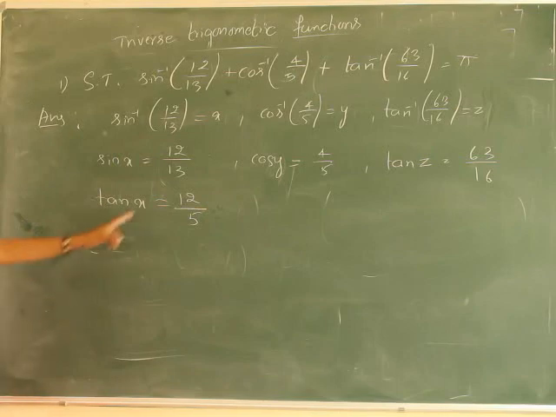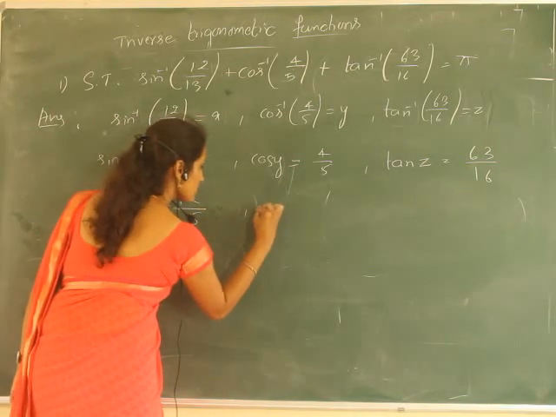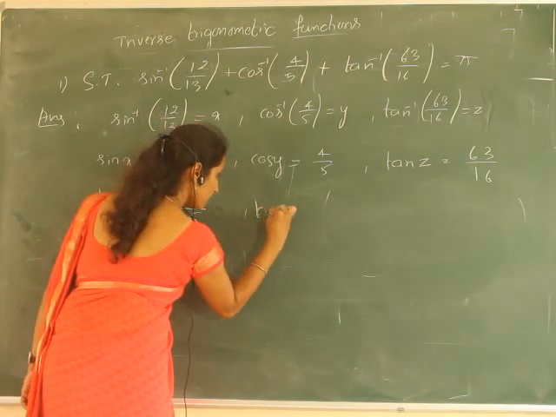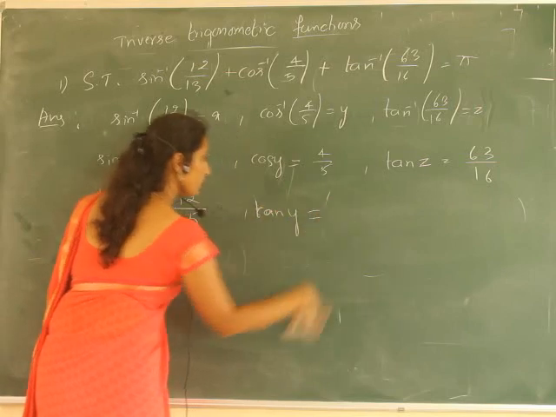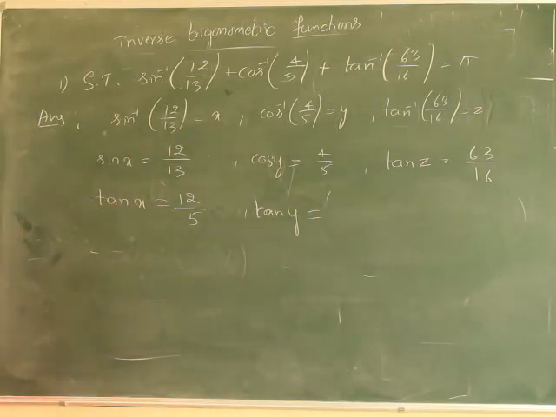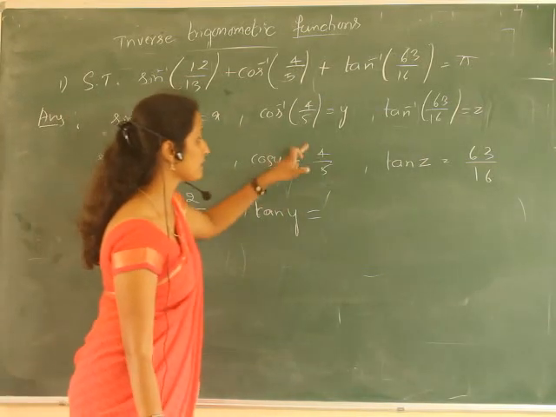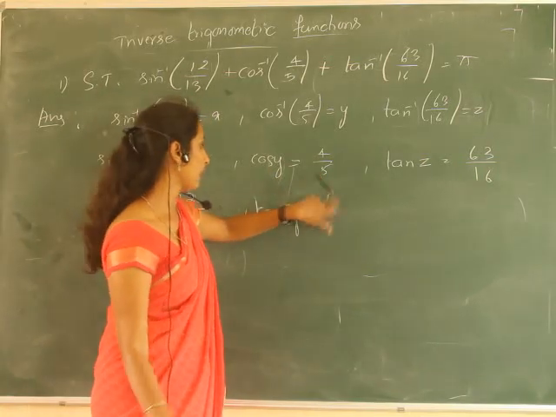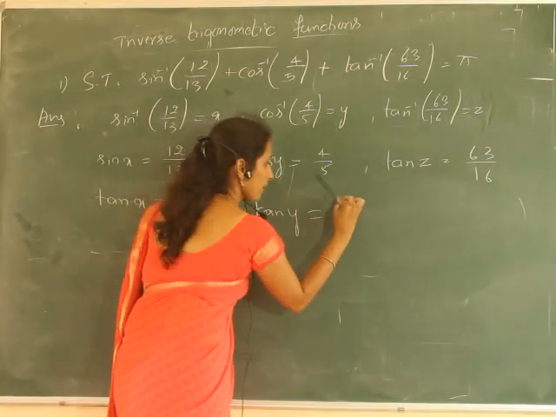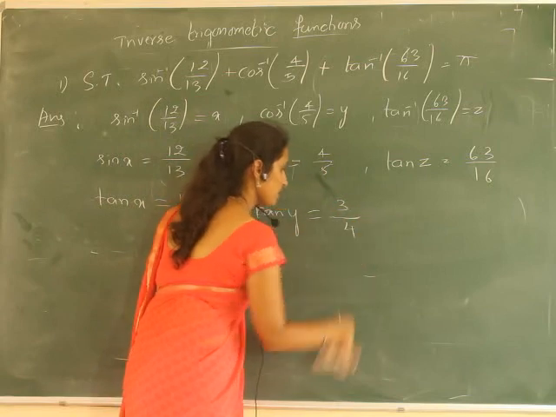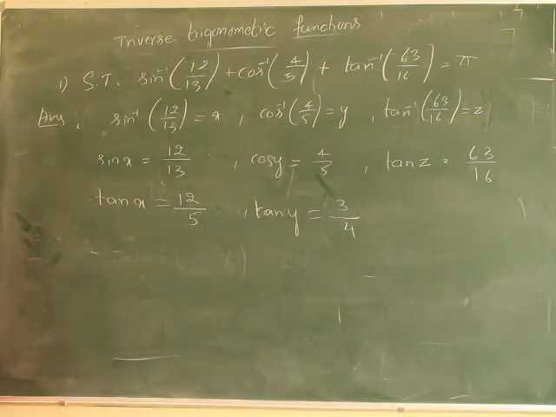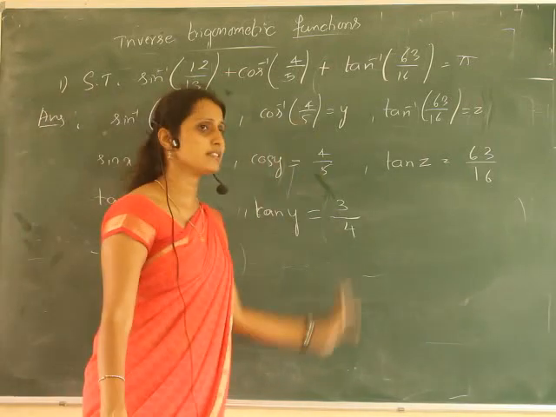Now cos y to tan y: 4, 5 and 3 are the Pythagorean triplets. So cos y is adjacent by hypotenuse, and tan is opposite by adjacent side. So we got the value of tan x and tan y, and tan z anyhow is given.